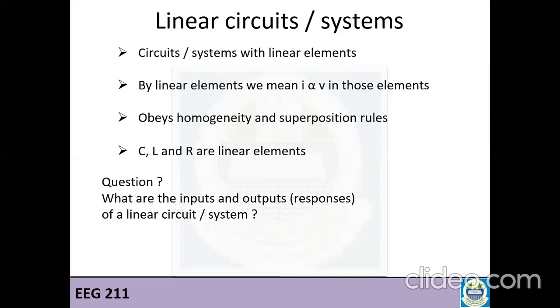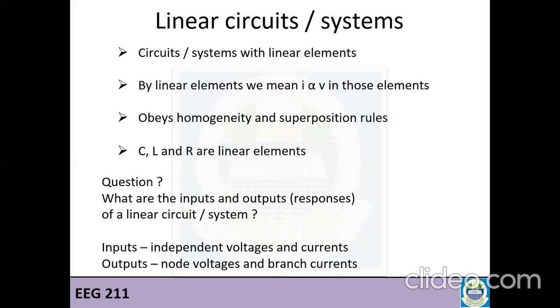Now, the next question I would like to ask is, in the previous slide we talked about inputs and outputs. So what are the inputs and what are the outputs of a linear circuit or linear system? If you pause a little bit and think about that, we will realize that the inputs to a linear circuit or system are the independent sources, the independent voltages and the independent currents.